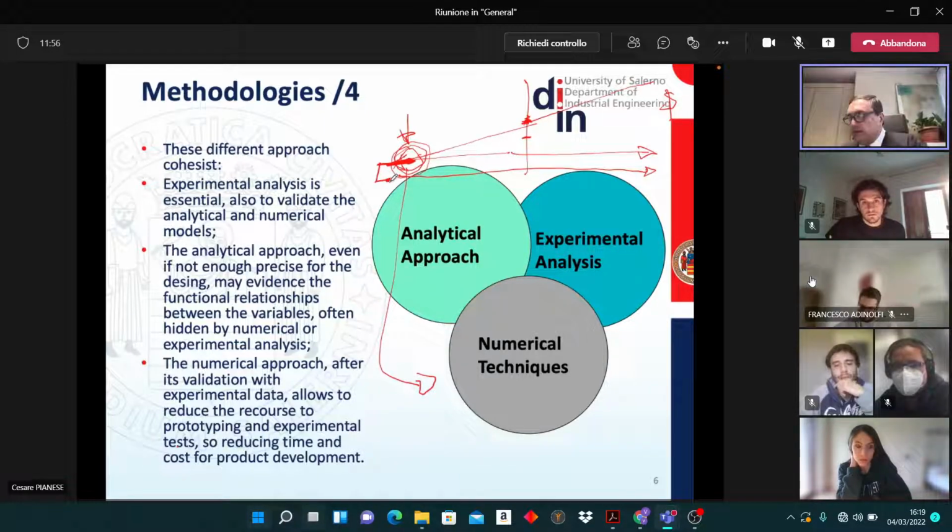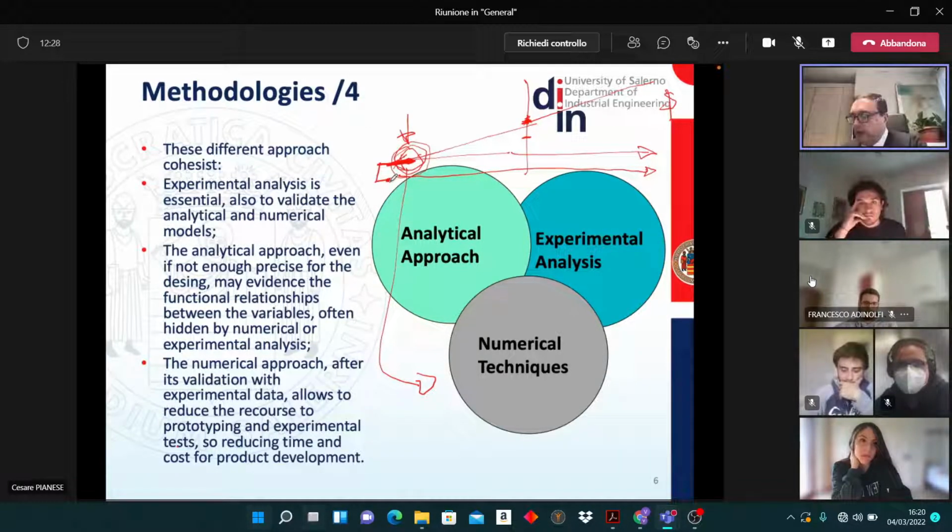If you move on the right side, it means that you reduce the analytical approach with the simple model. Of course, you cannot solve a complex three-dimensional flow in whatever kind of pipe or environment with simple equations, for example the energy equation or momentum equation, that are not in 3 dimensions.